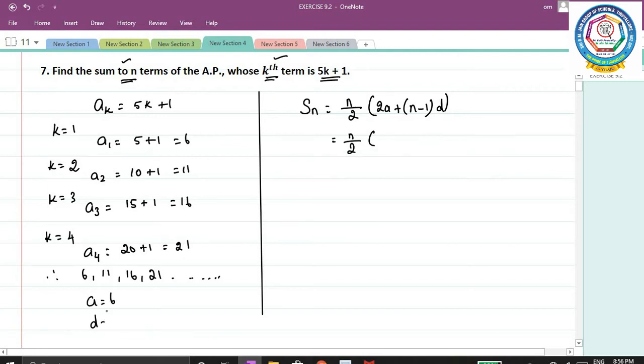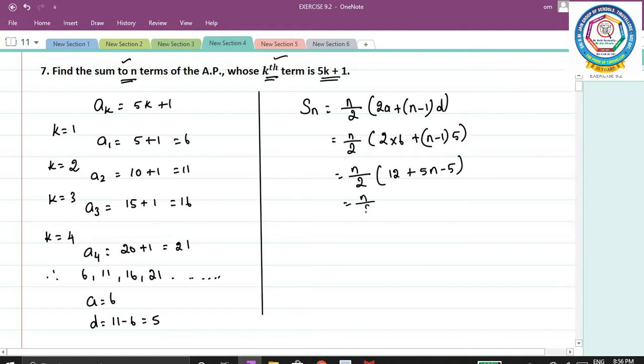d is the common difference: second term minus first term, 11 minus 6 equal to 5. So 2 into 6 plus n minus 1 into the common difference 5. So n by 2 into 12 plus 5n minus 5.